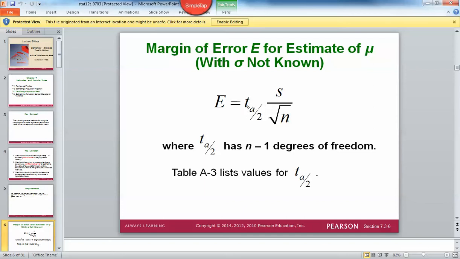The critical t values are listed in the table after the z-score values. And we have to do something called degrees of freedom. That's where we take the total number of data items and subtract 1 from it, and there's a column we have to go down called degrees of freedom.